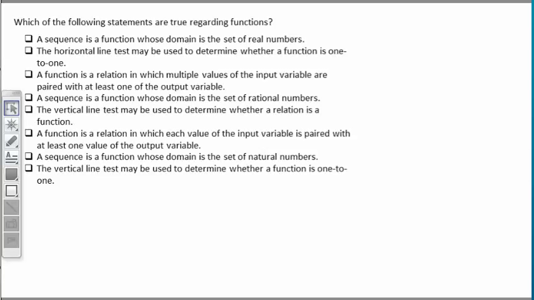Okay? And I think what threw people off on this one is because all of a sudden we were talking about a sequence. What are they talking about? But if you go back and read when we studied sequences, it did say that a sequence is a function whose domain is a set of all real numbers. And remember, your domain is your x values, okay?